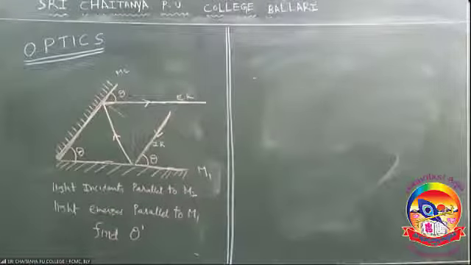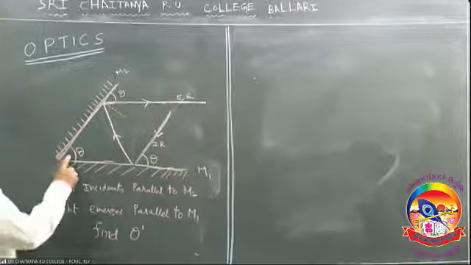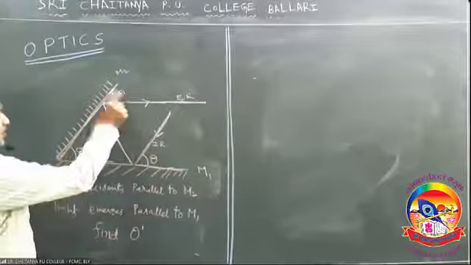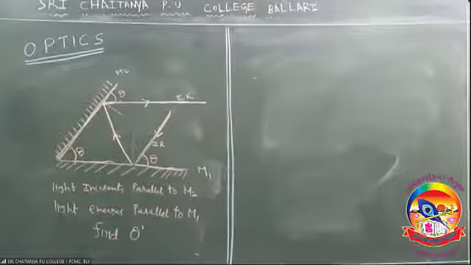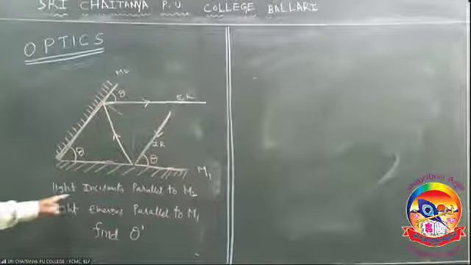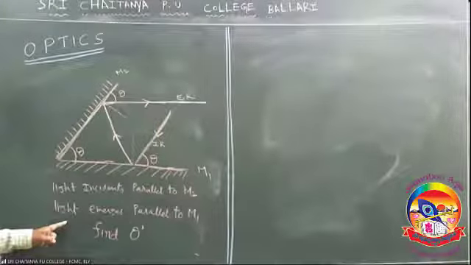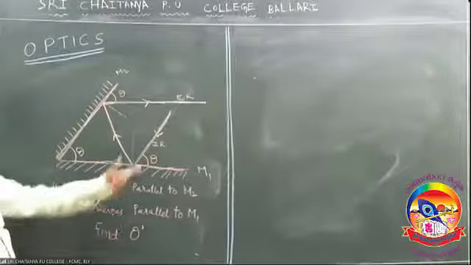Where the lines are parallel, the angles made by the line must be the same. So this angle is equal to this angle. This is correct when the incident ray is parallel to one of the mirrors and the emergent ray is parallel to the second mirror.